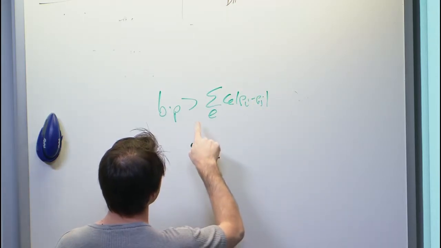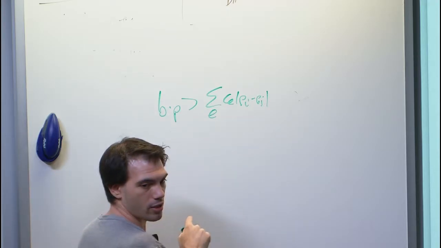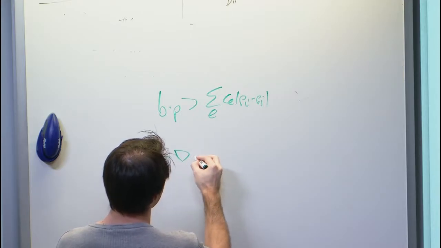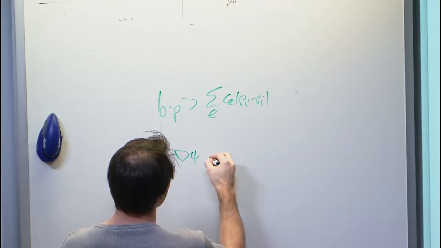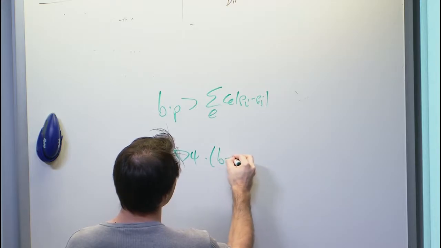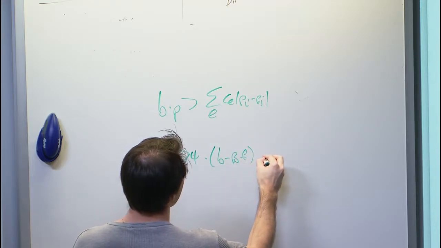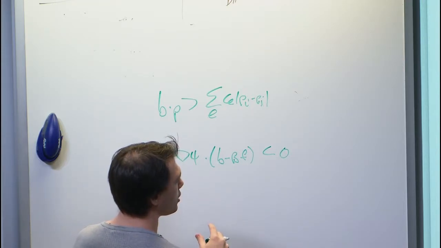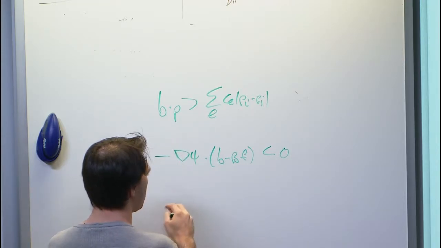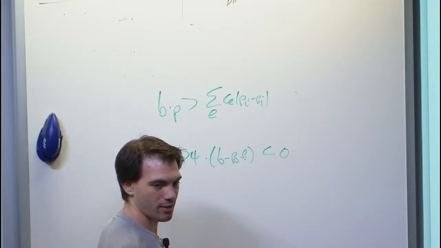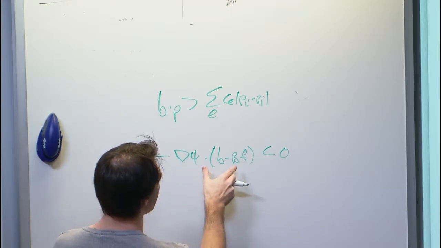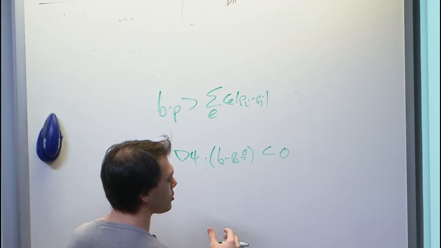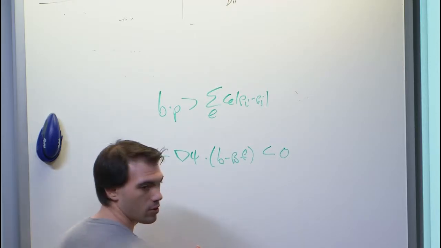So if this condition doesn't occur, that means the minus gradient of psi dot (B minus BF) is less than 0. So the first order change in psi is that it's shrinking, or if this were exact, staying the same.